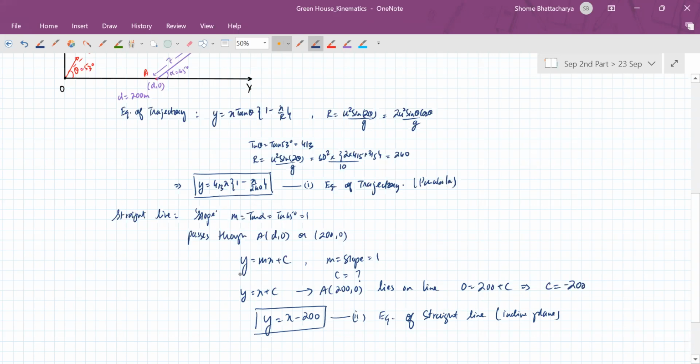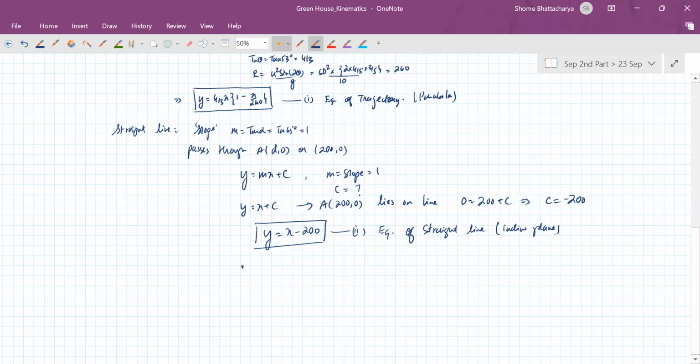So therefore, the point P, which has some coordinates x, y, satisfies both equation 1 and 2, because P is the intersection of these two. So basically you have to solve 1 and 2.